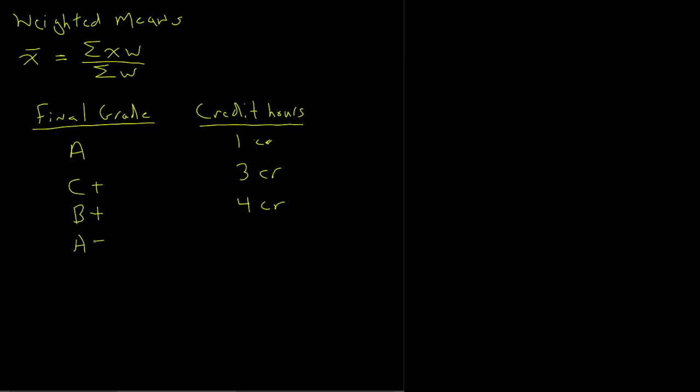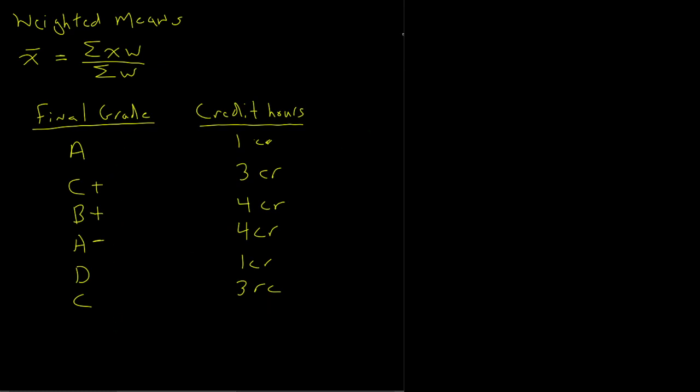An A minus in a 4 credit class. A D in a 1 credit class. That's 8, 11, 13. And a straight C in a 3 credit class. And so I have 16 credit hours here, I think. Let me see. 4, 8, 12, 16. Yeah, so 16 credit hours. And these are my final grades.